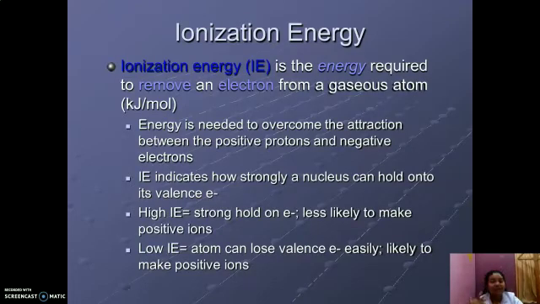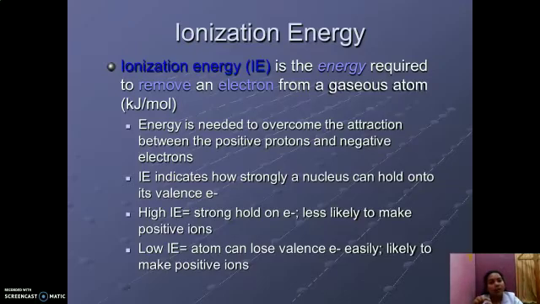So we can define ionization energy as the energy required to remove an electron from a gaseous atom. We can define it in many other ways. It is the amount of energy required to overcome the attraction between the positive protons and negative electrons. We know that in a neutral atom, in the center there is a nucleus which contains protons and neutrons, and in the orbitals, electrons are revolving around the nucleus.